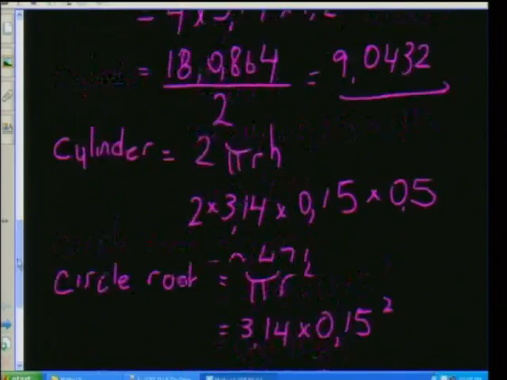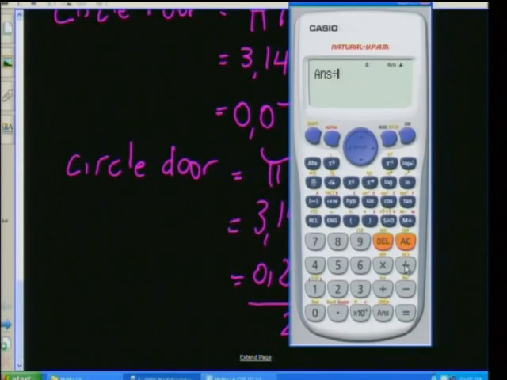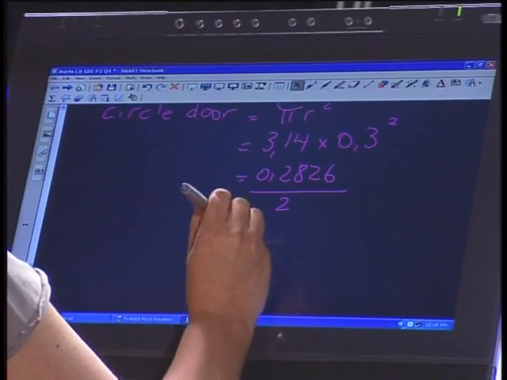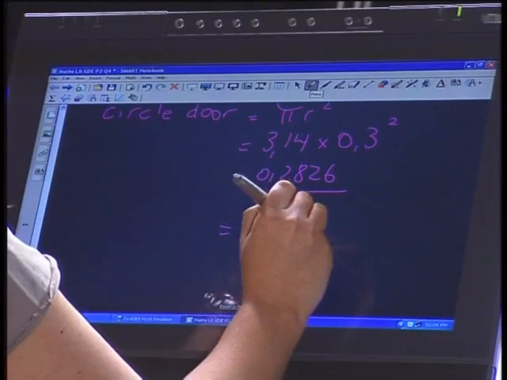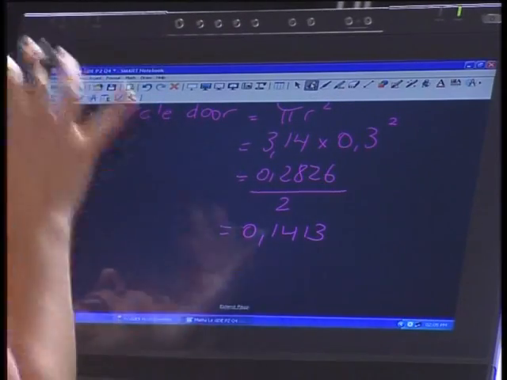We must divide it by 2, Agnes. Perfect. So we're going to divide this by 2. I'm going to use my calculator. 0,1413. Are you? Yes. Okay, so we've got 0,1413. I haven't put in any units, but I haven't rounded off either. I can do my units right at the end, but don't forget your units.